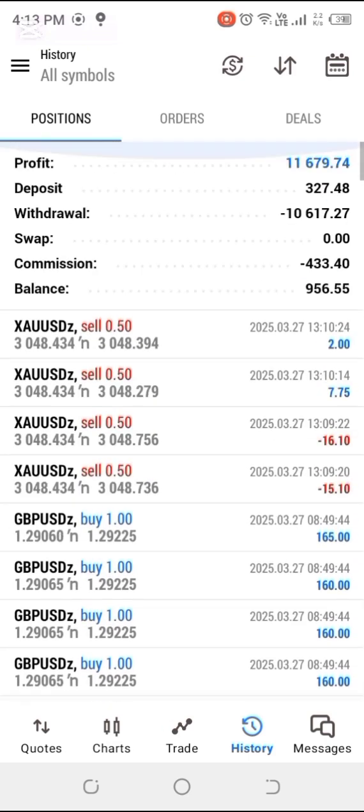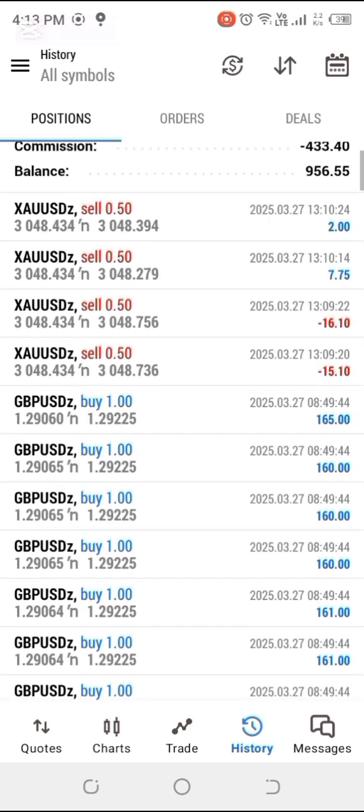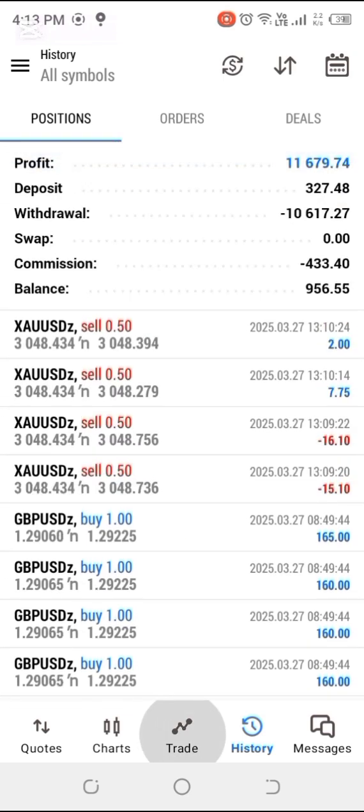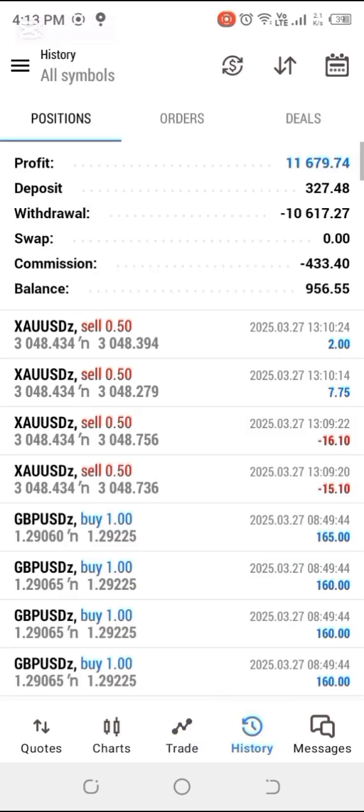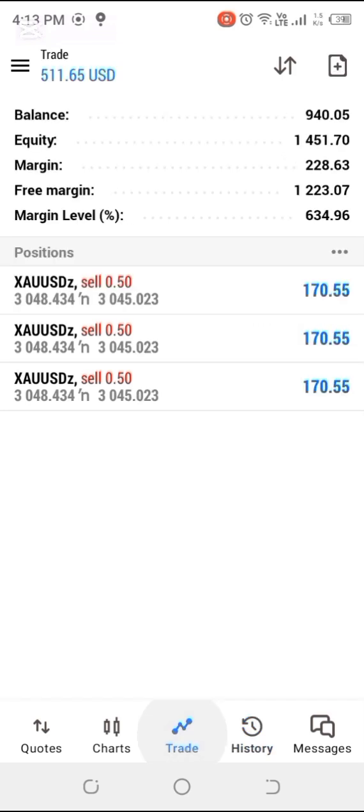Okay, you can see this is the same account that I'm trading. I already withdrew some cash, and I remain with a balance of 1,000. Okay, still the same.